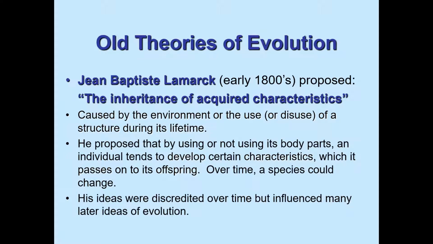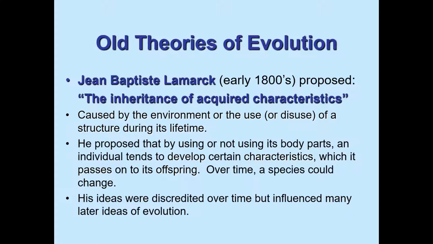Now, to give you an early history, Lamarck was one of the first scientists to propose a theory about evolution, and his theory was called the inheritance of acquired characteristics. And he said that the environment could make an organism use or not use a body part.